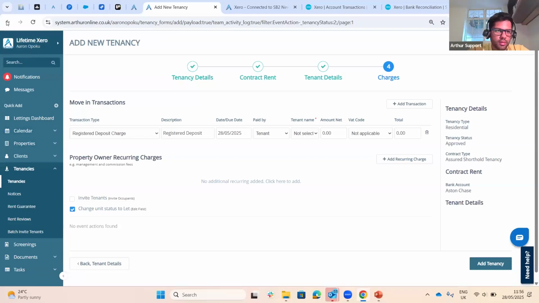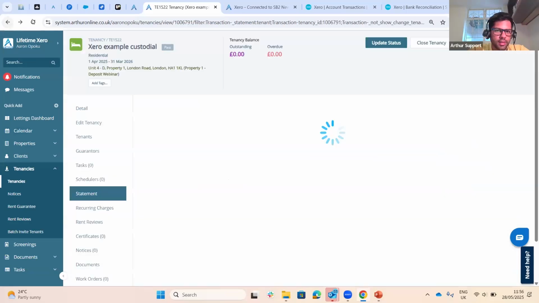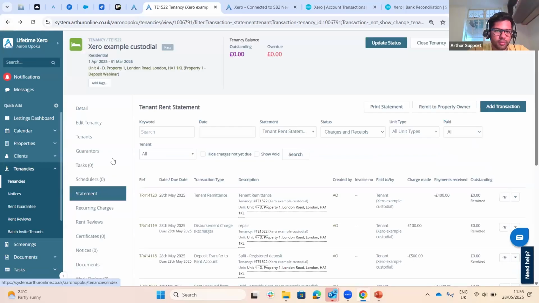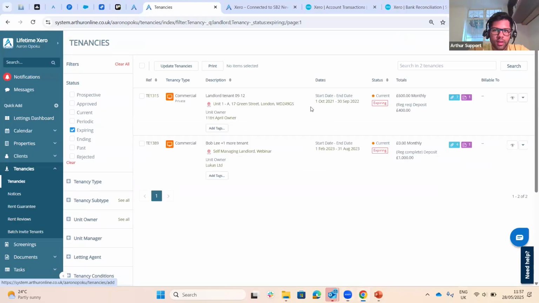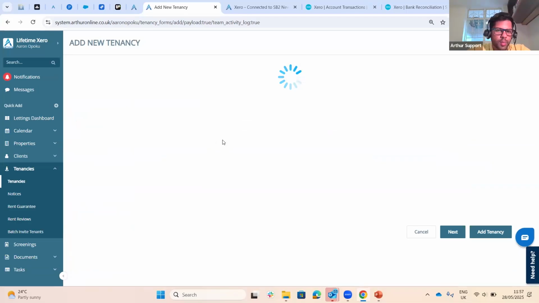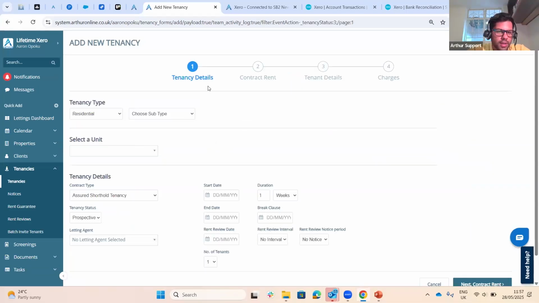Usually with the management fees, when you're setting up a tenancy on Arthur, as part of the tenancy setup, you can set up the management fees in Arthur that you're charging the landlords. So you would add all the information in here.